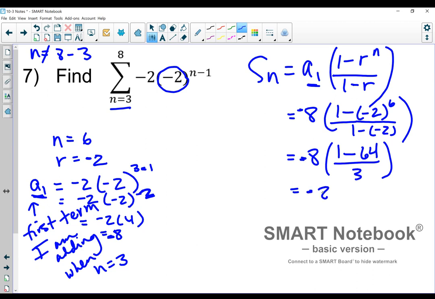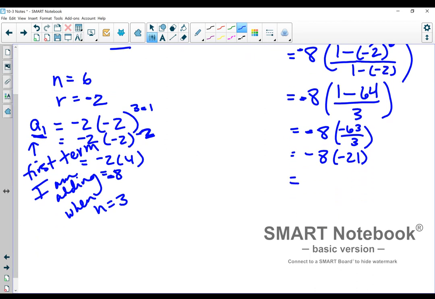I knew there was something wrong. 1 minus 64 is -63 over 3. Looking at this, I know it's divisible, so I'm going to keep just working without a calculator. 168, I'm pretty sure, +168. So there's our sum.